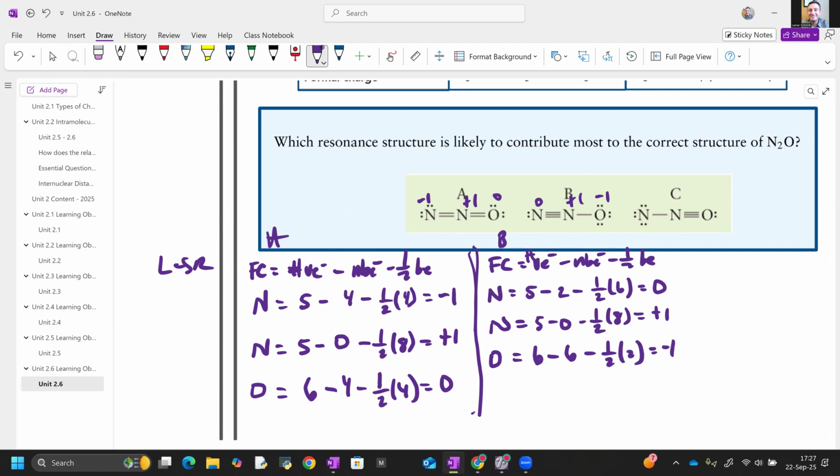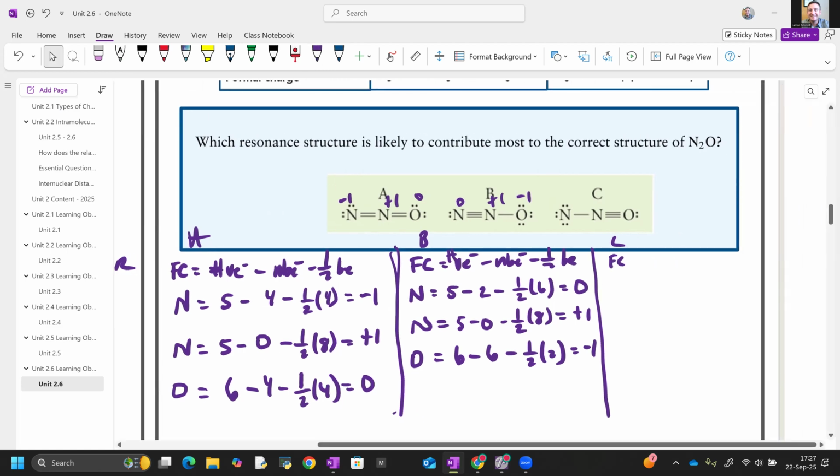And so we show those, and we go to our third structure, C. And in our third structure, once again, I'm writing the formal charge calculation. Formal charge is equal to the number of valence electrons minus non-bonding electrons minus 1/2 of bonding electrons.